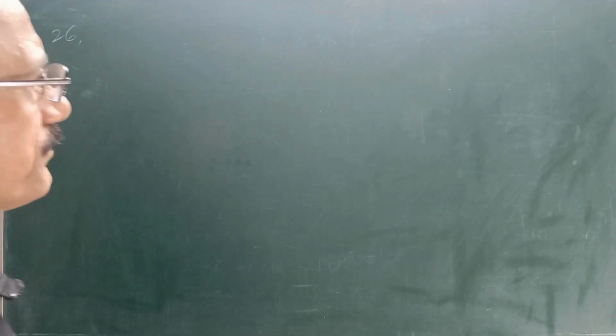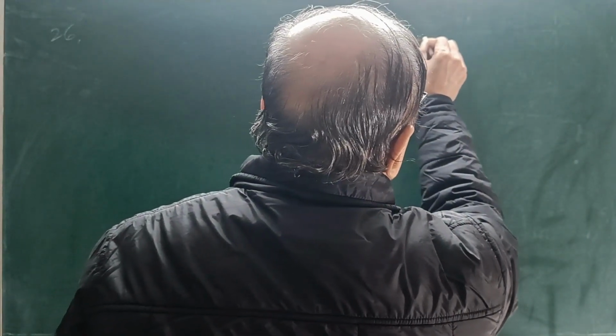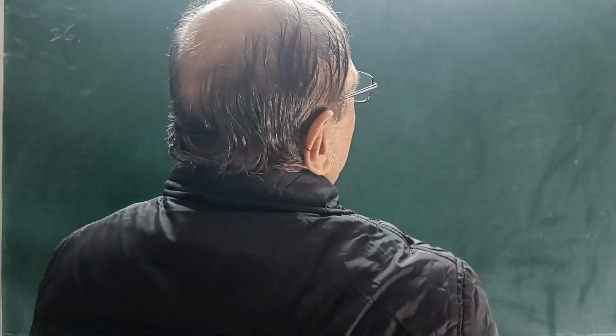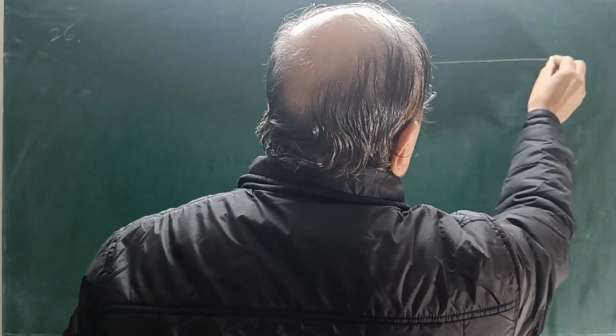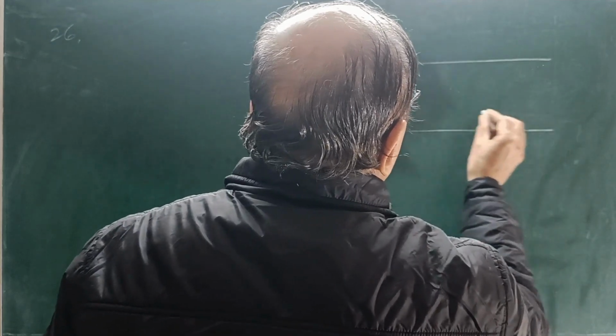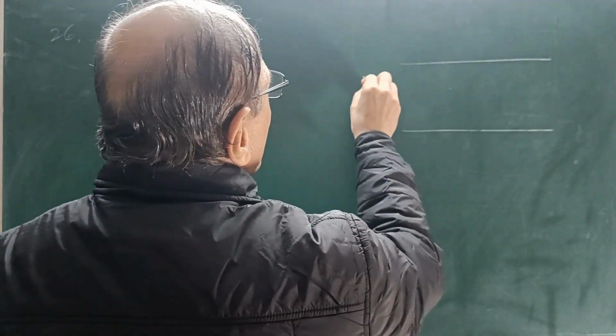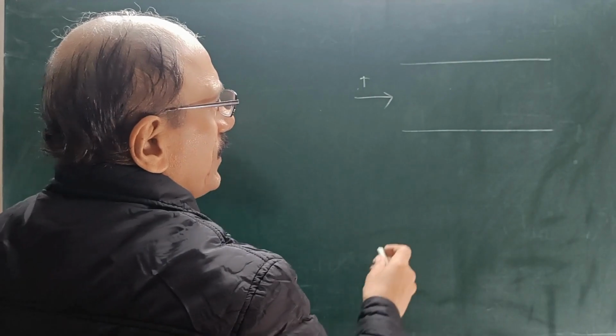So here we have the conductor like this, and a current I is passing through this. All over it is distributed.